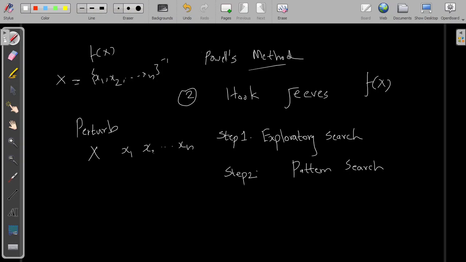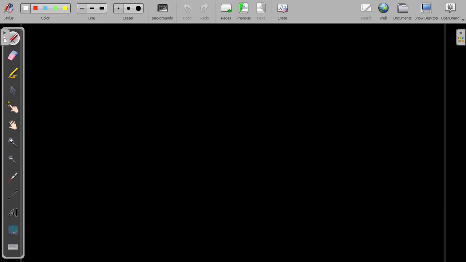And these x1, x2, etc., xn directions are also known as u1, u2, u3, etc., un directions, or in general ui direction. Okay. Now we are going for the algorithm of Hooke's method.